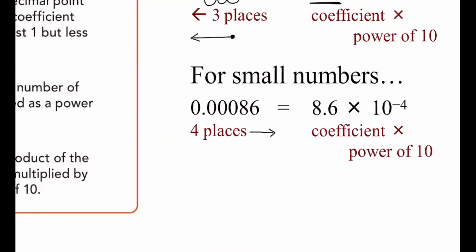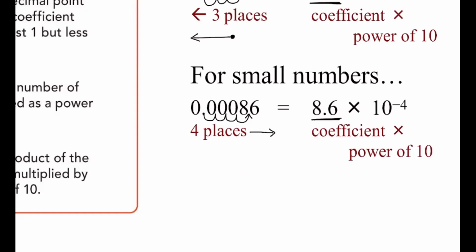Again, so I get a value that is at least 1 and less than 10. 1, 2, 3, 4 times from left to right. So now that's going to represent my coefficient. That's where we get the 8.6.